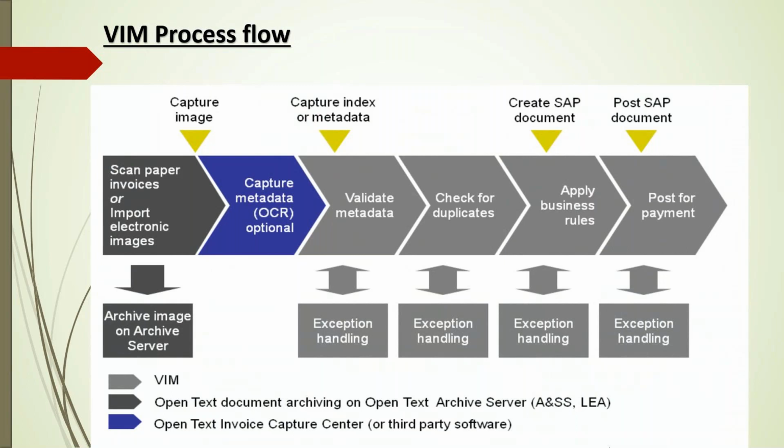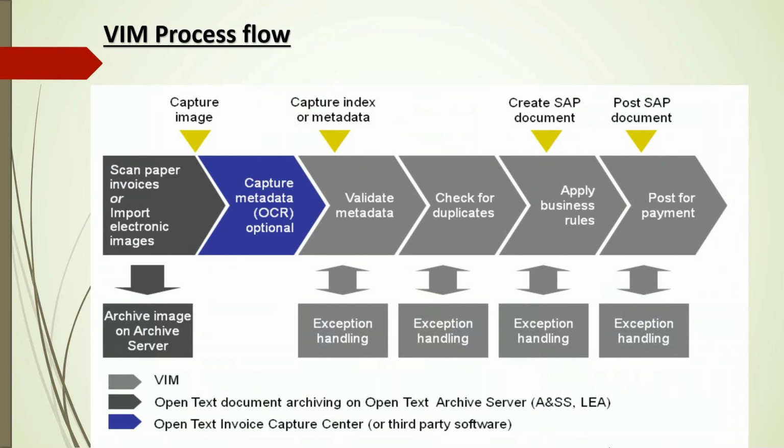The second part is loading the metadata. This again has the same approach. One is the manual approach, the other is OCR based, where you utilize the OCR server and get this metadata populated automatically. So for loading the metadata, there are two options, manual or automated.